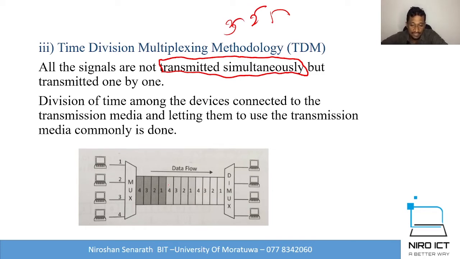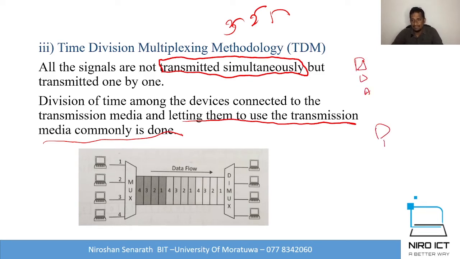In here, they are giving some time to a particular device to transmit data to the transmission media, letting them use the transmission media commonly. Once again, division of time among the devices: you have a device called A and another device called B, right?